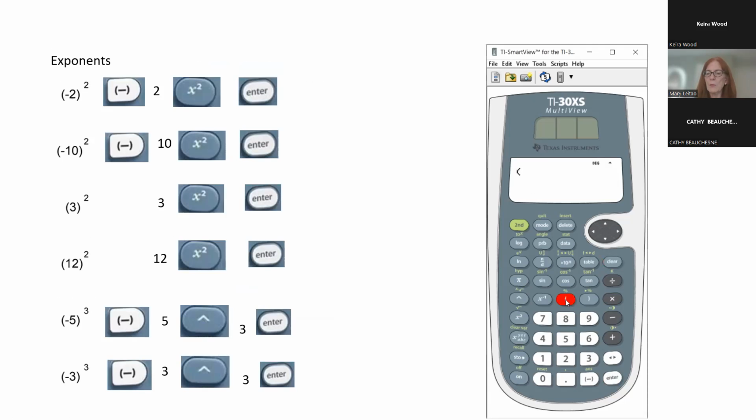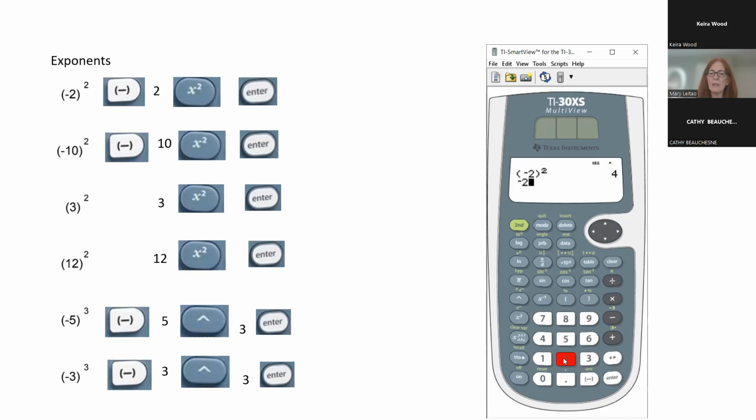We'll do it two ways: parentheses, -2, close parentheses, and then we're going to square this by pressing x squared on the left side here. Anything you put in and you click that, it squares it. Enter.